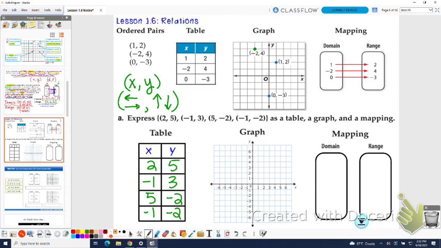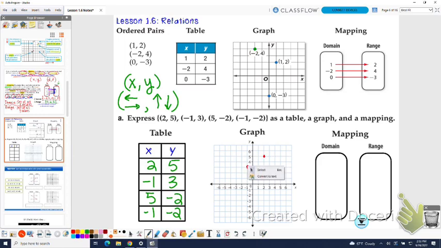Now we're going to graph each one. So 2, 5 means you're going right 2 from the origin and up 5. -1, 3 means we're starting at the origin, we're going left 1 and up 3.